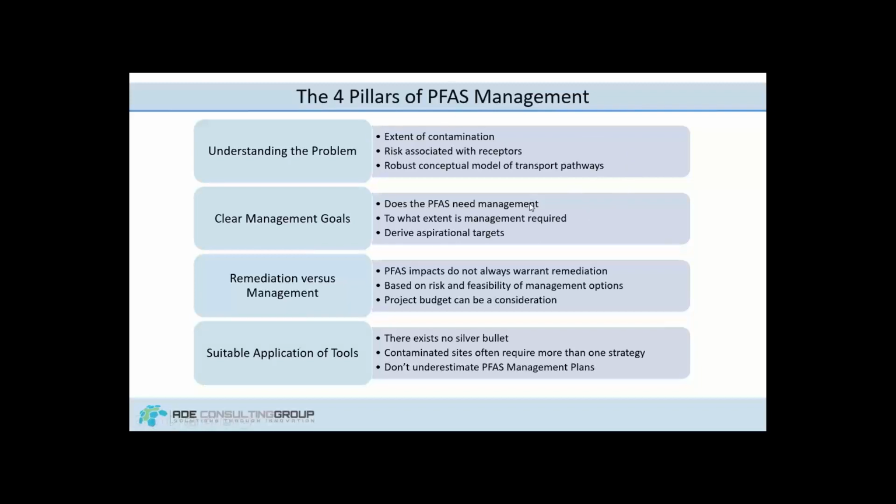So do we need to do anything? If we do need to do something, can it be managed by changing our practices or putting something simple in place to address this issue? For instance, an impermeable covering, changing or diverting water flows, or how we dispose of wastes, or do we require remediation?